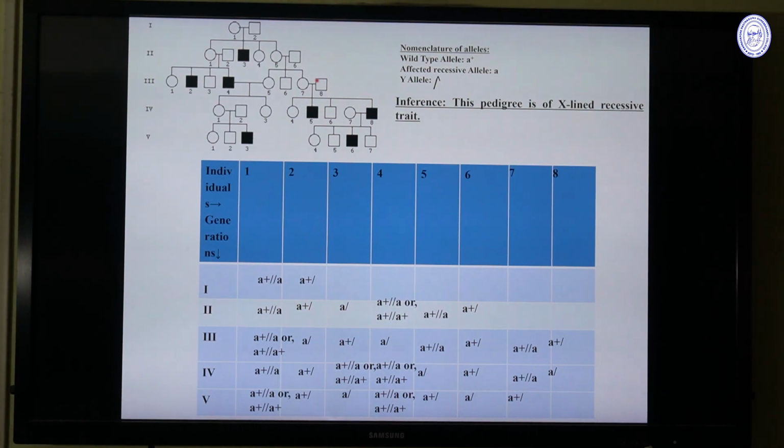This affected child, that is the male one, the 2-3 individual, should be A Y, because he is affected with one X that is defective, and if a male is defective with the X chromosome, it should be expressed, as all the males are hemizygous for the X chromosome.